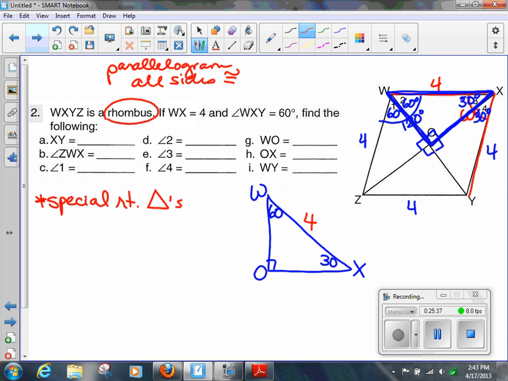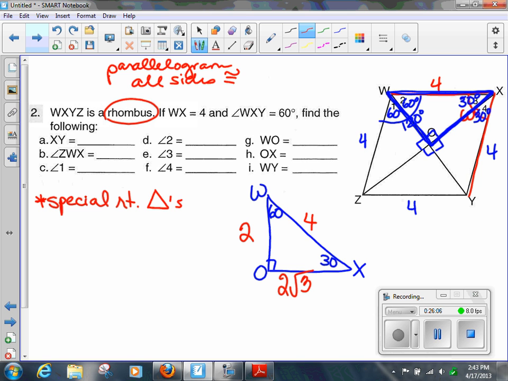If the hypotenuse is 4, what's the length of the short leg? Who said 2? 2. What's the length of the long leg? Come on, folks. Remember this. Say it again, Summer. 2√3. Very good.